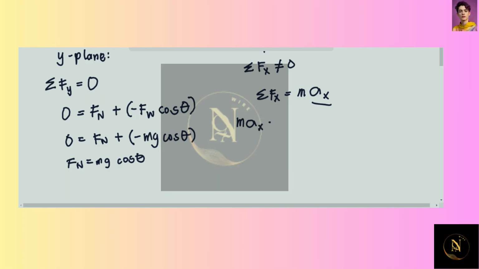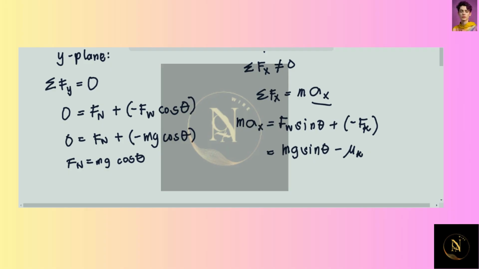Then, m a sub x is equal to the forces on this plane, which are the force due to the weight multiplied by sine theta plus negative of the friction force. Negative since it's opposite the weight that is pulling it down. Expounding, we have mg sine theta minus the formula for friction force, which is the product of coefficient and the normal force.